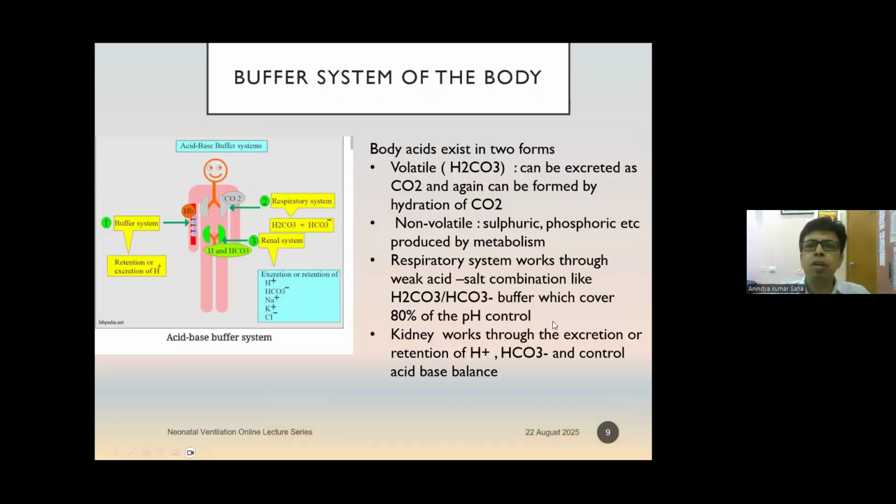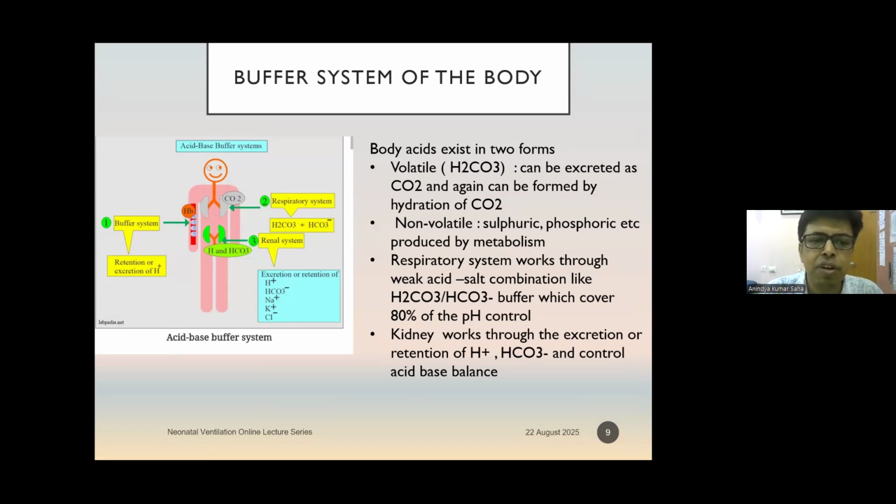But our body has to maintain a very good regulatory system, which is known as the buffer system. Basically there are three buffers. One is buffering by the hemoglobin. Another buffer exists in the respiratory system in the form of a weak acid, carbonic acid, as well as bicarbonate.